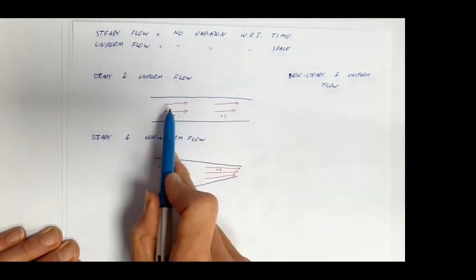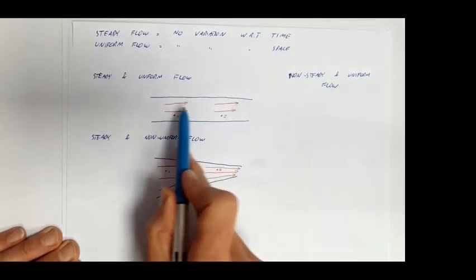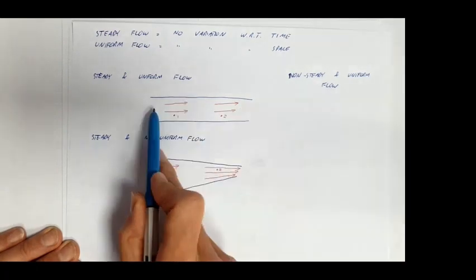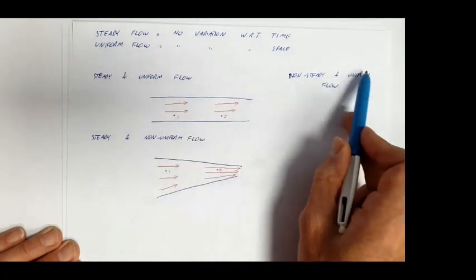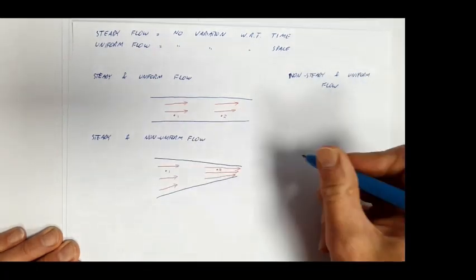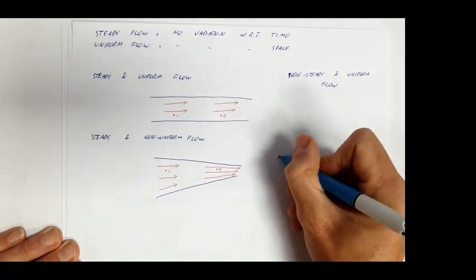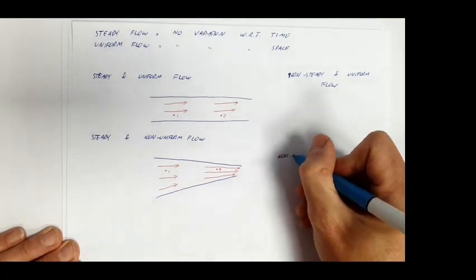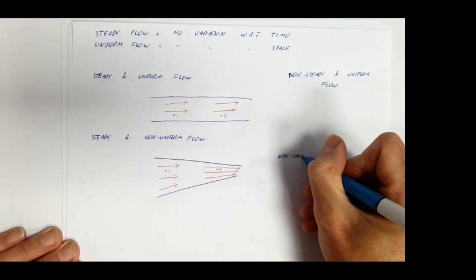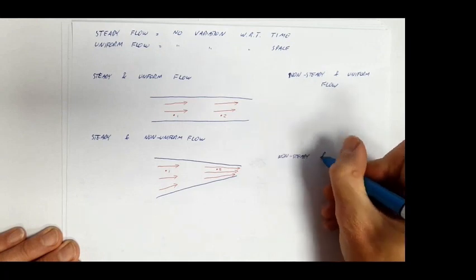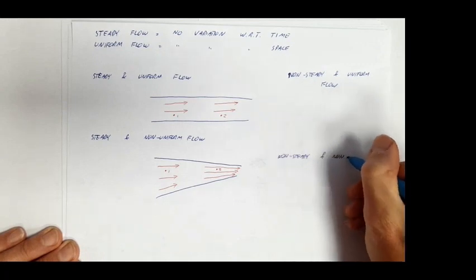It's not changing with respect to space, but the flow is changing with respect to time. So that's non-steady, uniform flow. And then finally, non-steady, non-uniform.